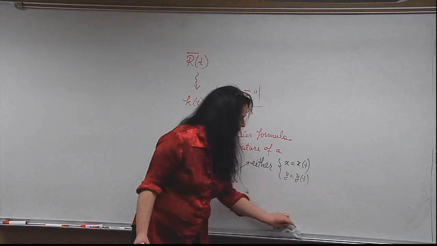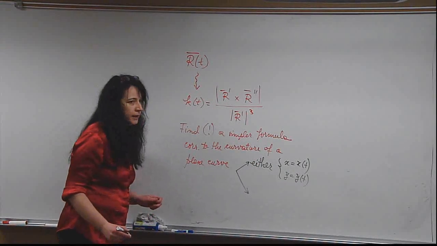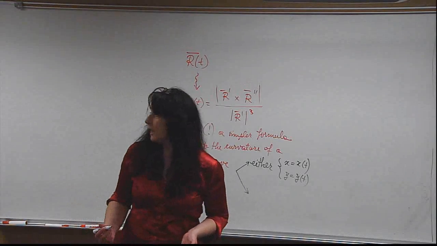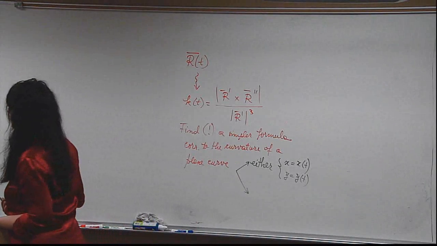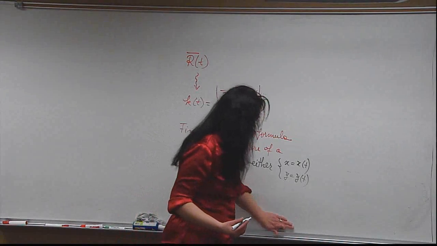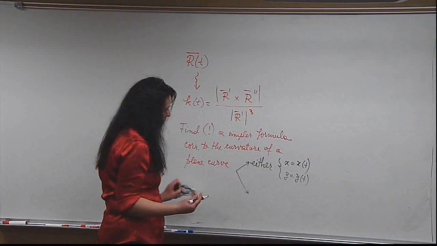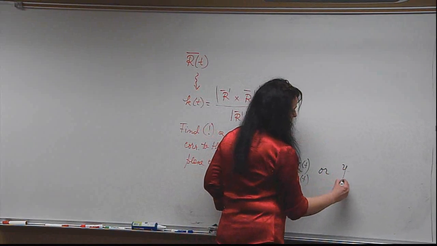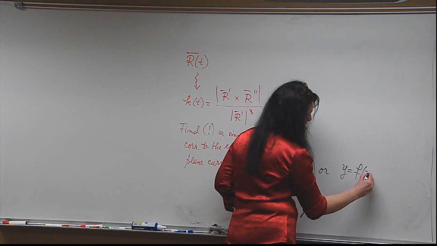I bet it's going to be really pretty if you have a plane curve given in an explicit form, as you're used to. I think we make better use of time this way. Or y equals f of x.